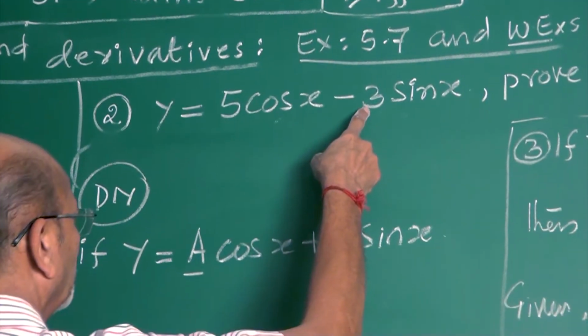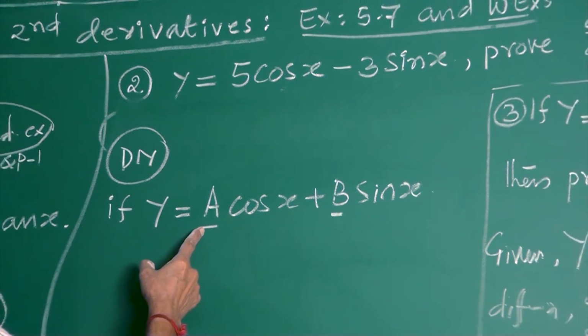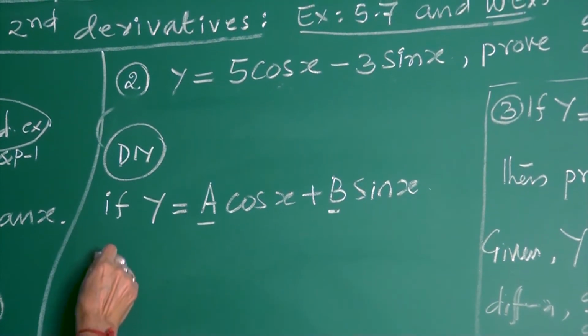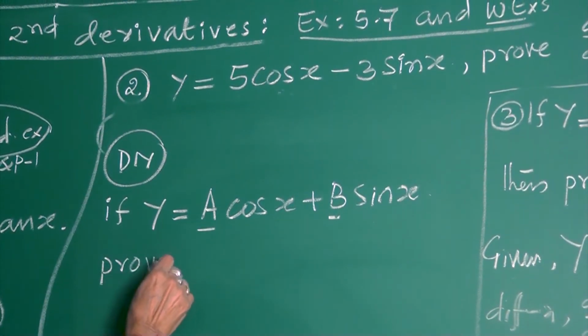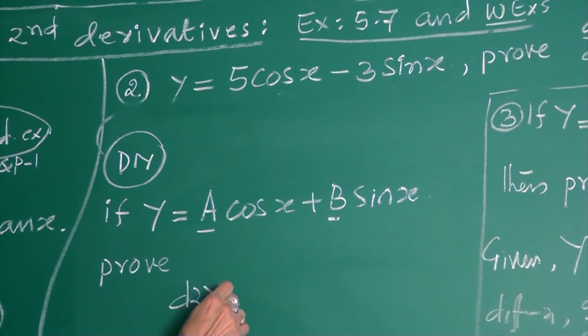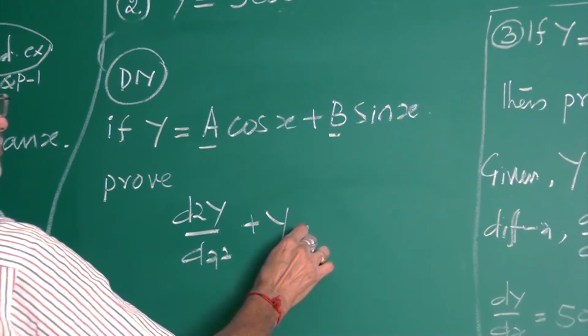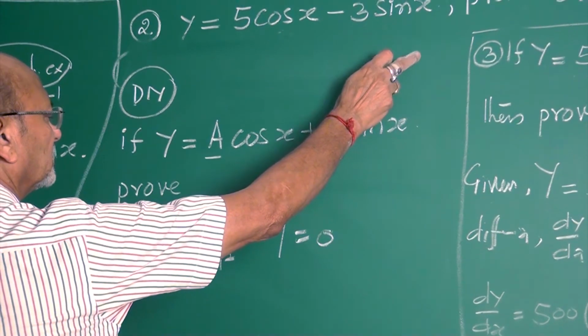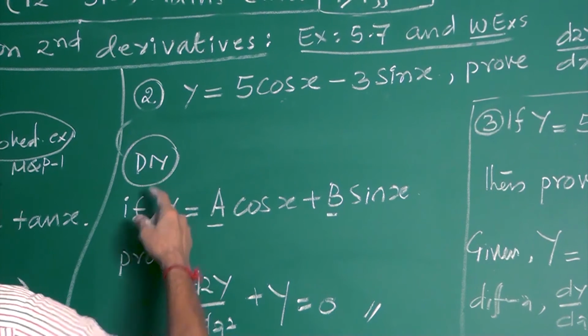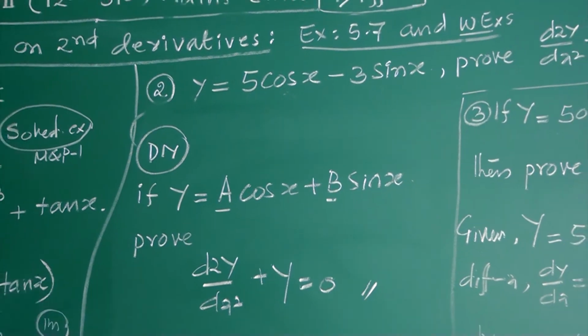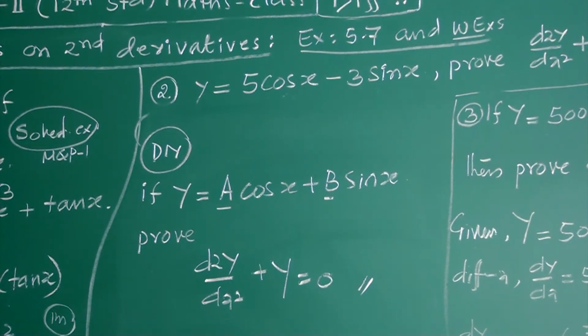Instead of 5 and minus 3, the values are given in general as a and b. Then prove d2y by dx2 plus y equals 0. Same thing. Yes, you do it yourselves, my friends.